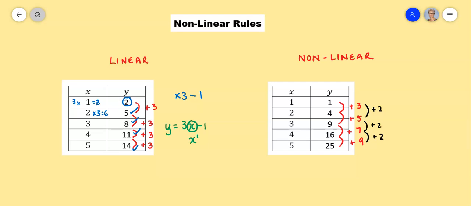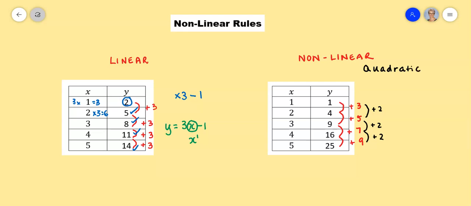When you can see this type of pattern where the y values are going up by a different number each time, but there is a pattern in the rule, like this one, it means that my rule is going to be a quadratic rule. This is what we call them. We call them quadratic.